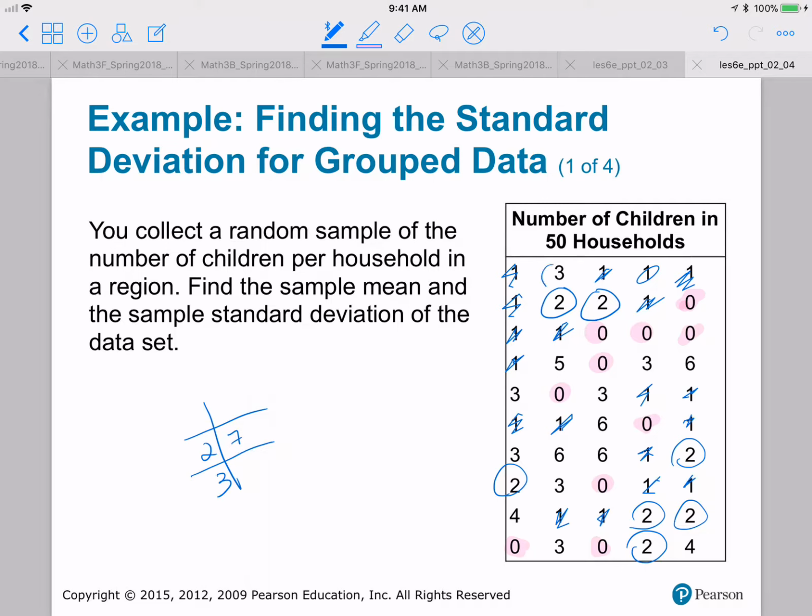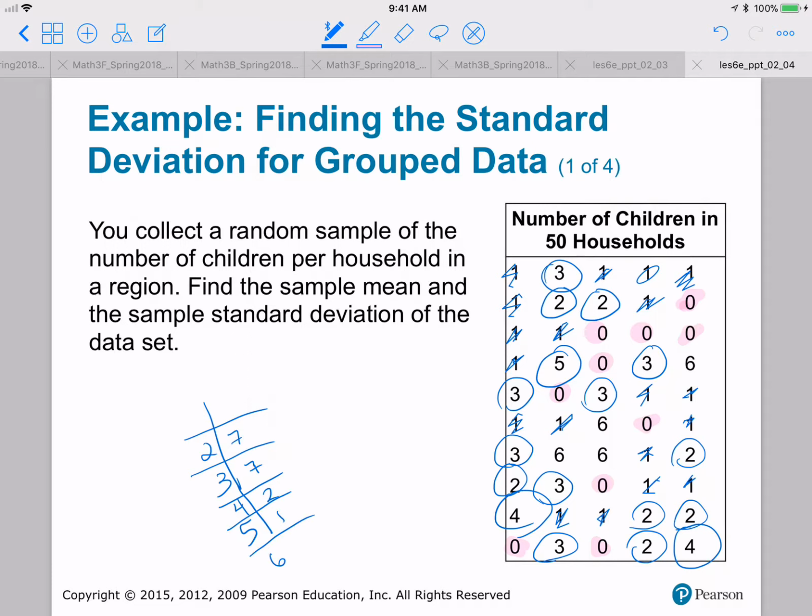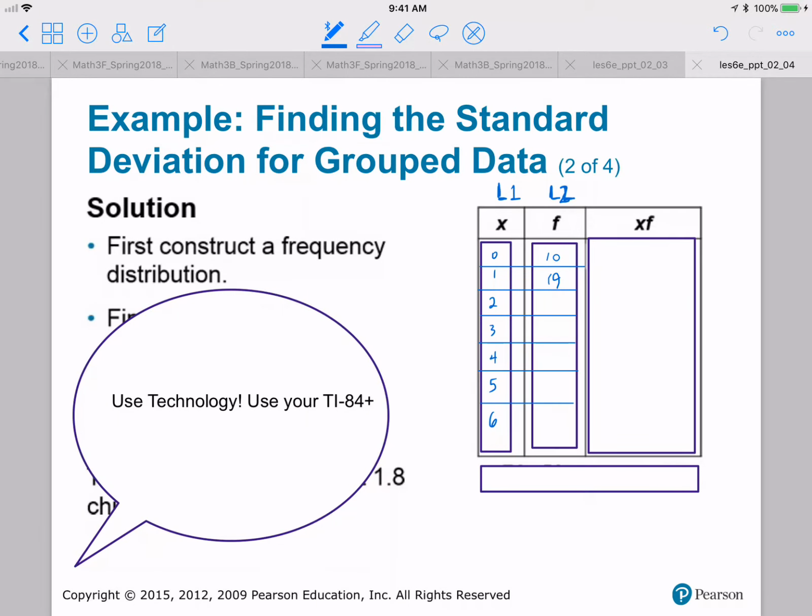How many threes? 7. How many fours? 2. How many 5s? 1. How many 6s? 4. Okay. So 10, 19, 7, 7, 2, 1, 4.